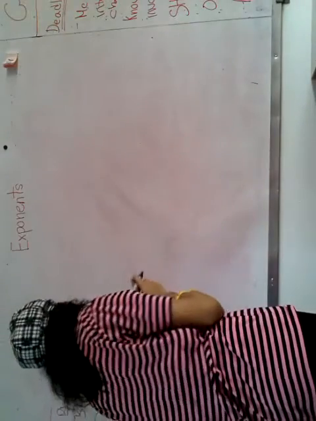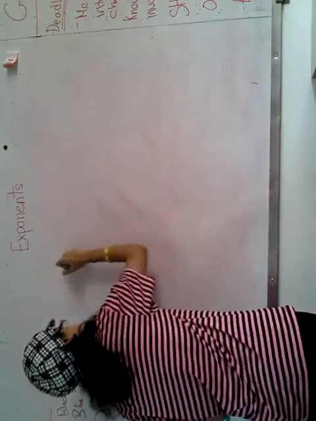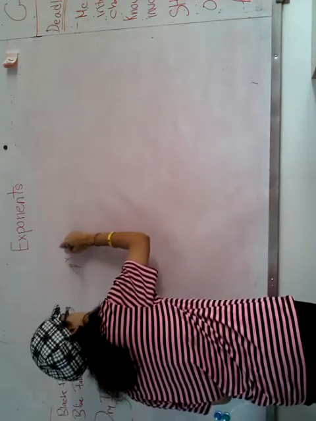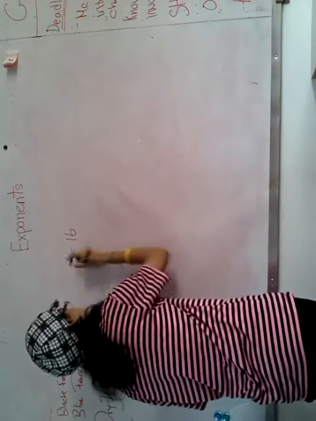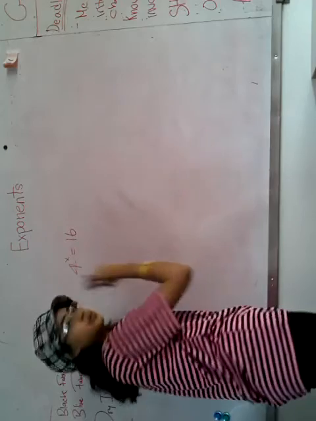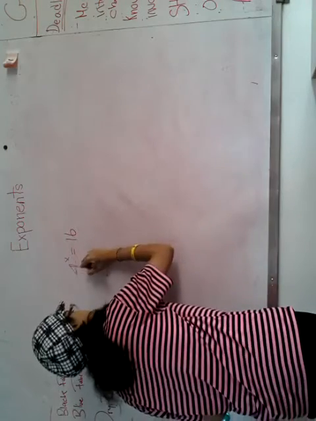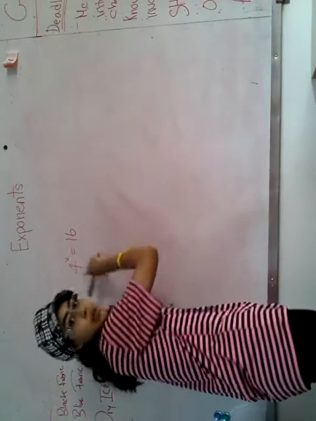And for the next one is exponential equation. Like 4 to the power of x is equal to 16, like that. So 4 is 2 to the power of 2. So it will be 2 to the power of 2x there, because we need to make the base equal.